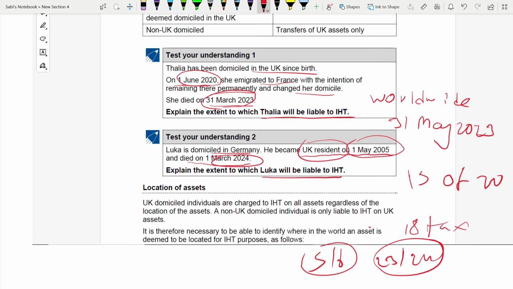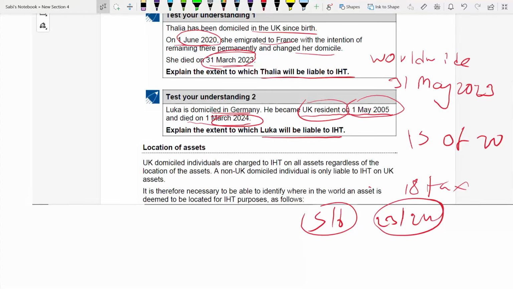Sorry, you have to take till 22-23. So 18 tax years he was resident. Because he was resident at least 15 of the previous 20, he will be deemed UK domiciled and therefore liable on worldwide assets.